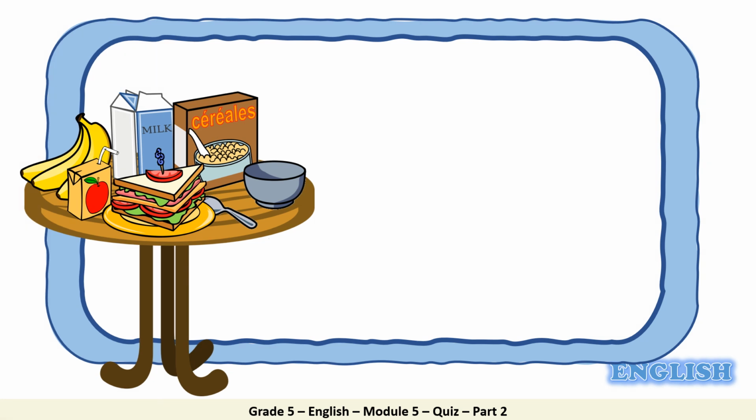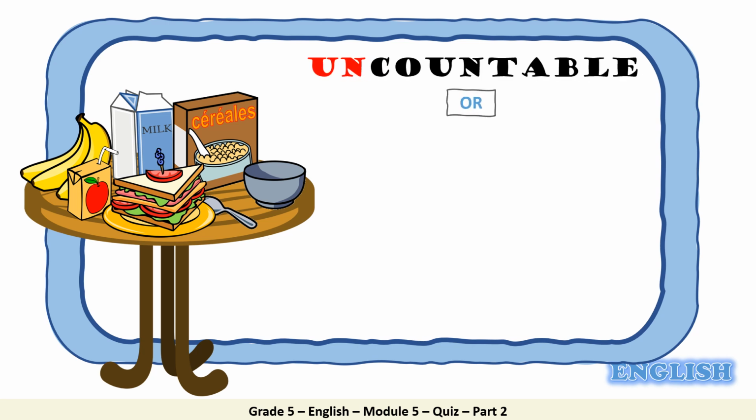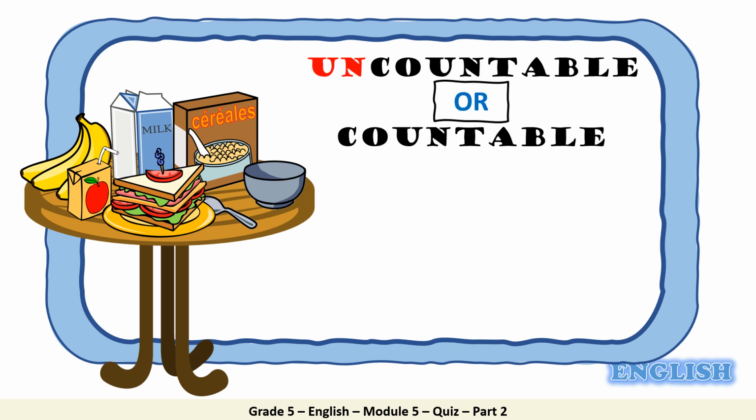There are some words, however, that are magical. They are suitable for uncountable or countable nouns. We can use these magical words with the two types of nouns. They can be used with countable nouns like sandwiches, and they can be used with uncountable nouns like milk.